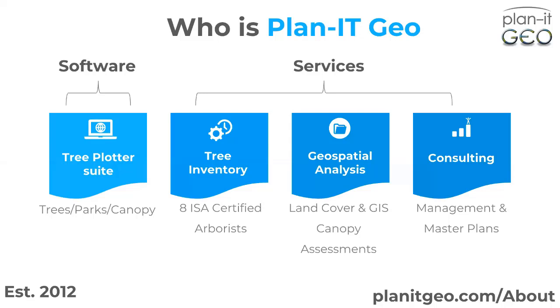We provide tree inventory services, boots on the ground, collecting tree inventory data. We also provide geospatial analysis, land cover and GIS canopy assessments, which is what Tuesday's webinar focused on. And we provide consulting services, management and master plans, typically on a government level, but we've also served some other entities as well.